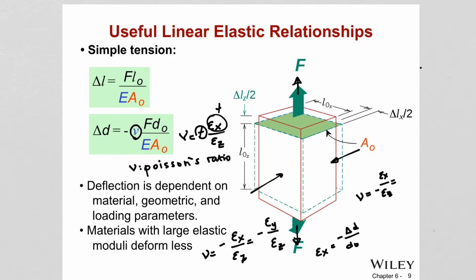And instead of epsilon x, I can write delta d over d naught. The negative sign here is again to make the strain positive, because delta d is going to be negative, and we already accounted for that by putting minus in the Poisson's ratio. And this one is delta L over L naught. So instead of delta L, we can write this expression here, F times L naught over E times A naught.